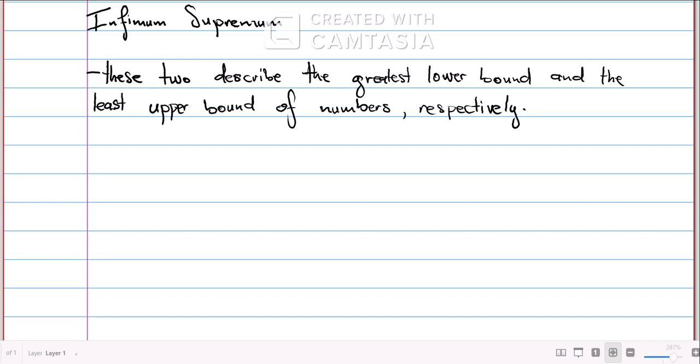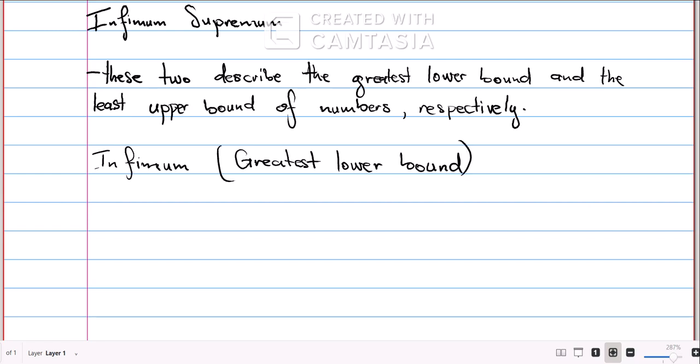The infimum is the greatest lower bound. The greatest lower bound.